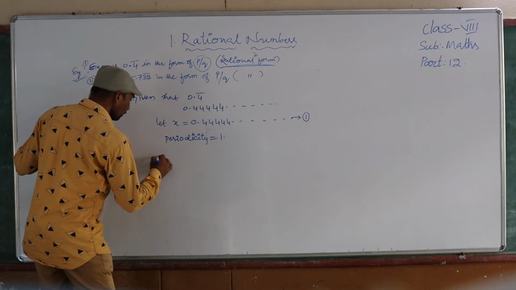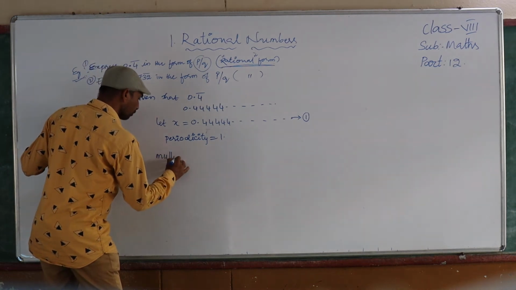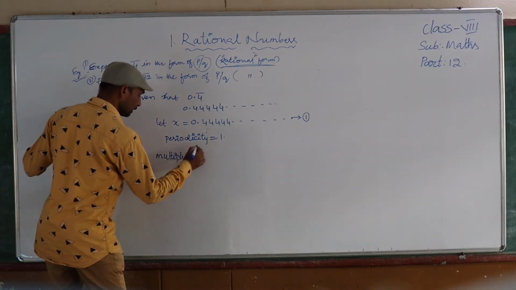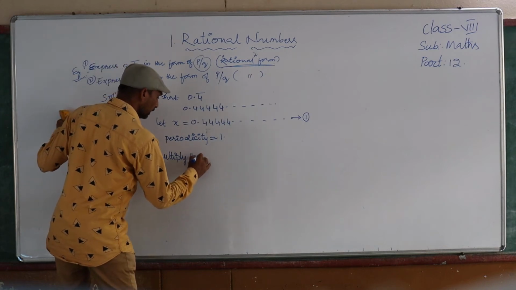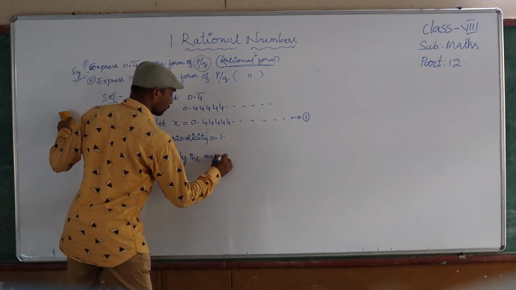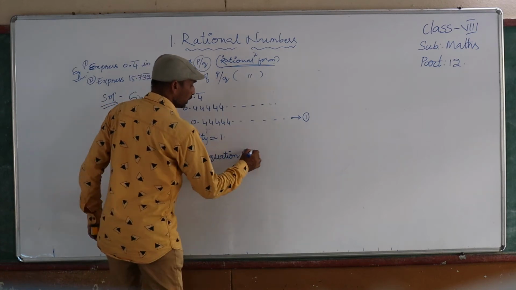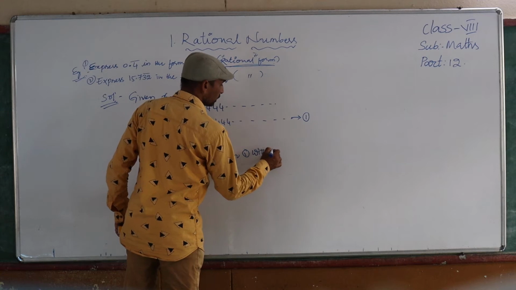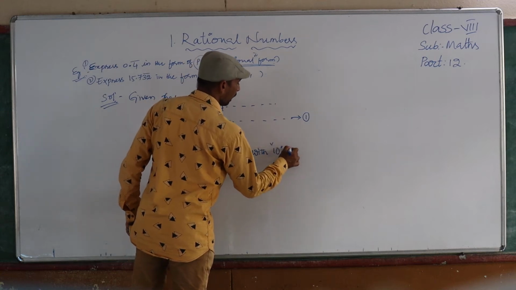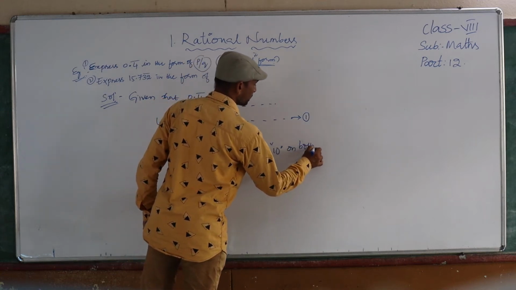So the periodicity is 1, and we multiply equation 1 with 10 on both sides.